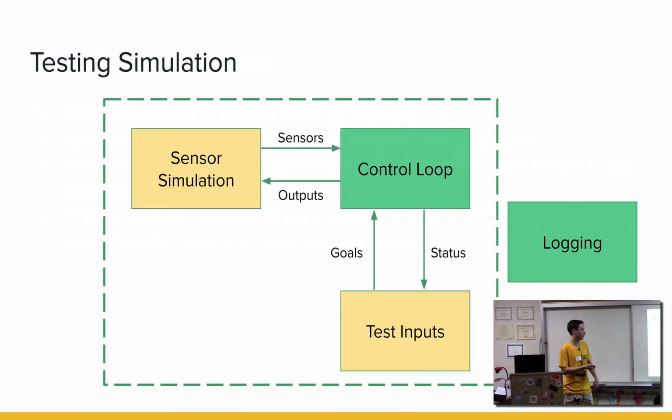And then, rather than using the joystick reader, we can just use sample test inputs. We can just tell it we want to go to this goal, rather than having an actual joystick to read from. And so this allows us to do testing on a laptop or on the server without having any physical robot to use.